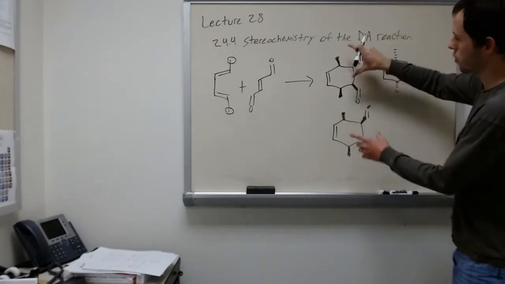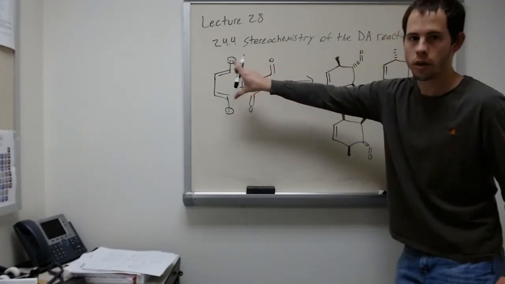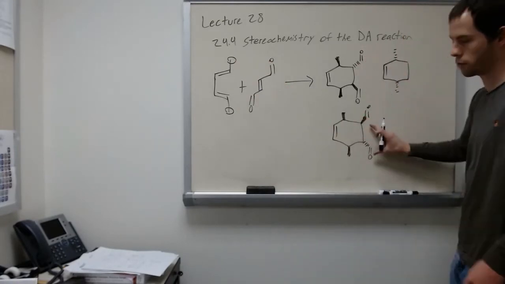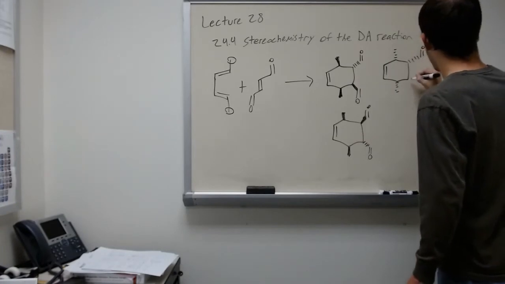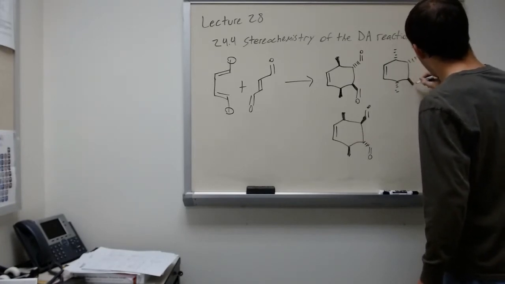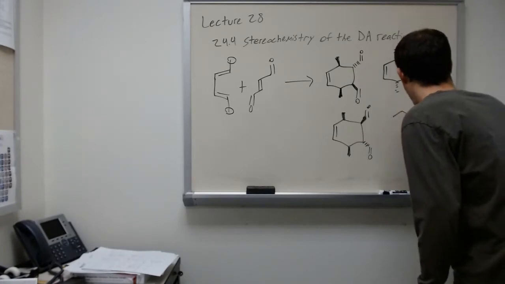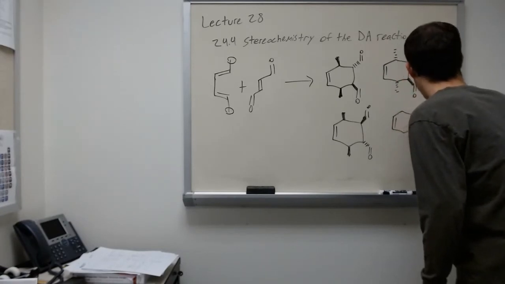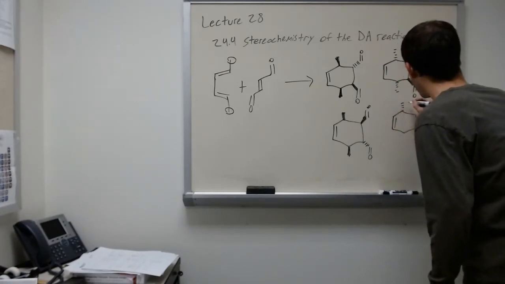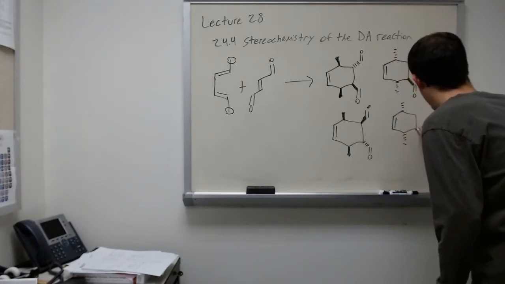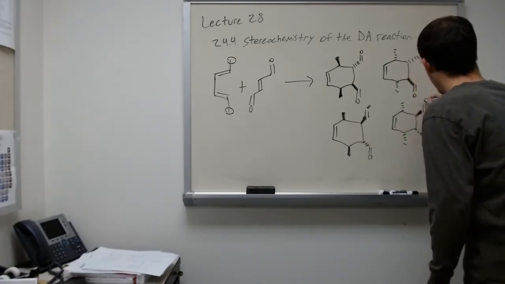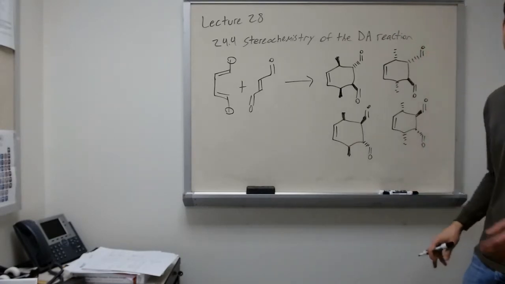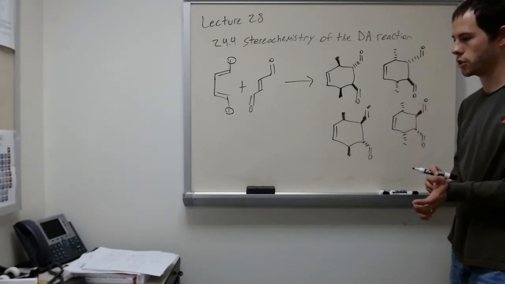So we get a mixture of where these two groups are both pointed towards us, but these groups have flip-flopped. In the same case over here. And so these are the four compounds that we would get out of this reaction.